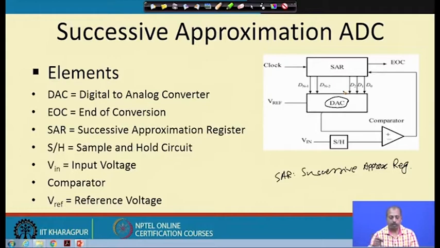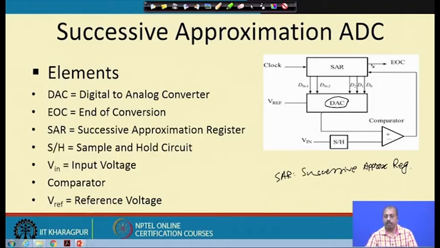There are a few signals, like the clock signal, which means that in every clock it will do some operation. This SAR register has a clock, so that at every clock active point, the bit pattern will be available on these lines. There is an end of conversion signal or EOC.